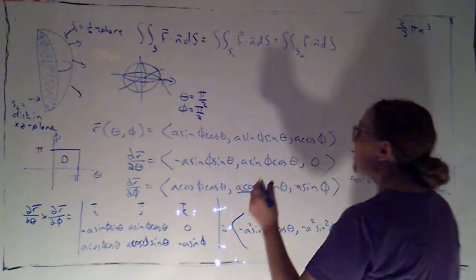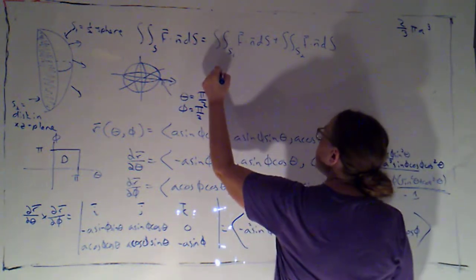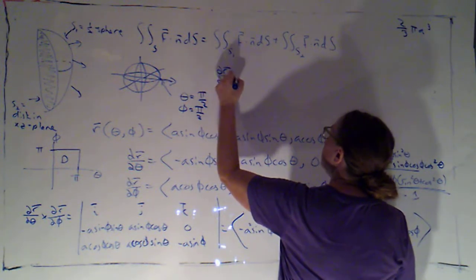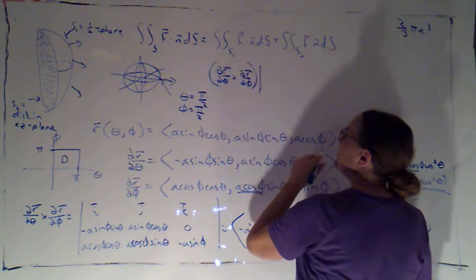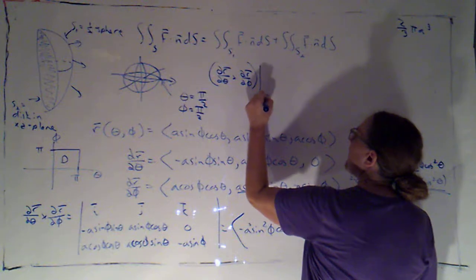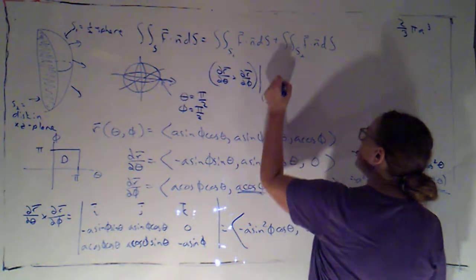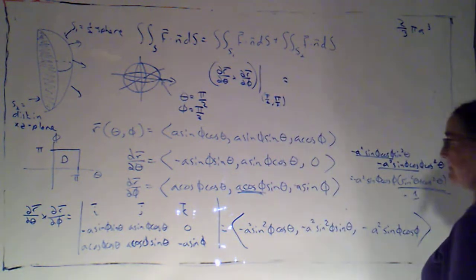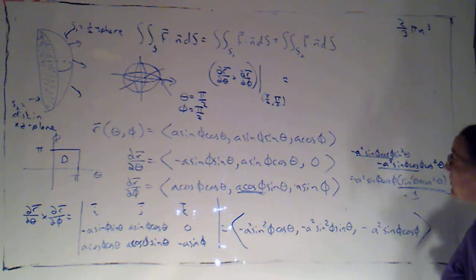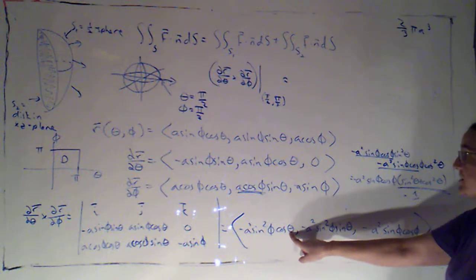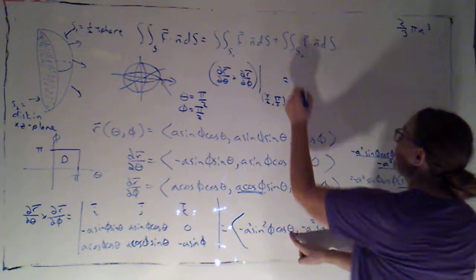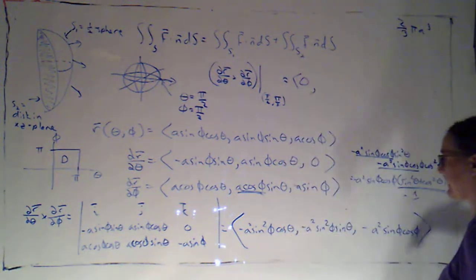Okay, so if I evaluate del r del theta crossed with del r del phi at the point pi over 2, pi over 2, let's just see what I get. Okay. Now, cosine of pi over 2 is going to be 0. So the cosine of theta here makes this first component 0. Okay.